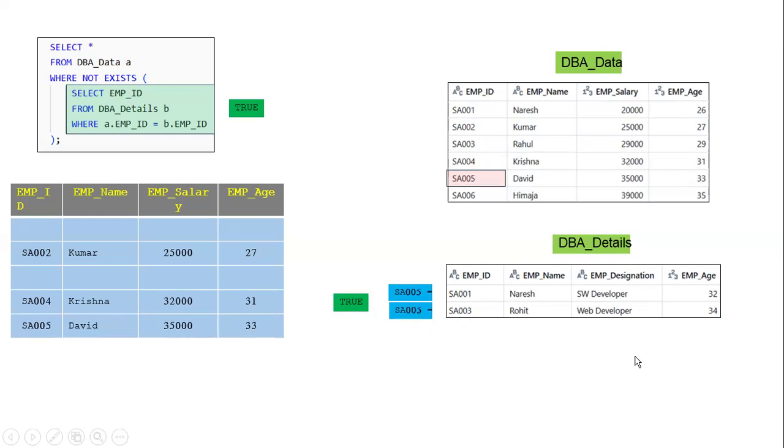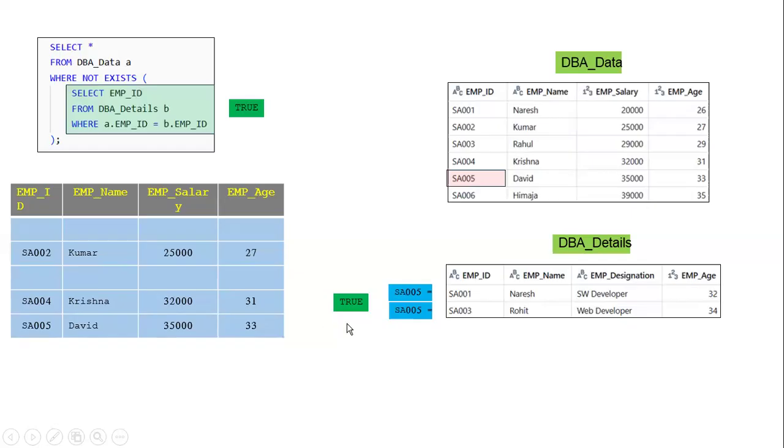Next, we are going to compare the fifth record. This is SA005. We are comparing this one with all rows here. Since there is no match here, it will give you true. And if you pass true to the inner query, that means we are going to generate this row, SA005, David.